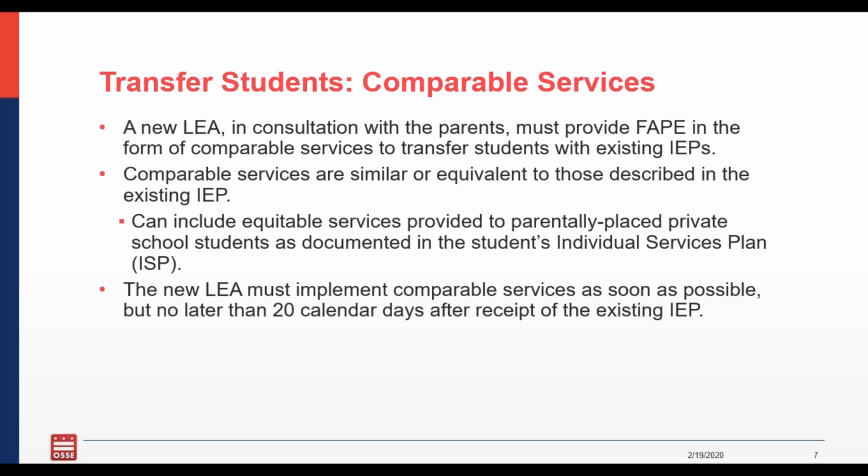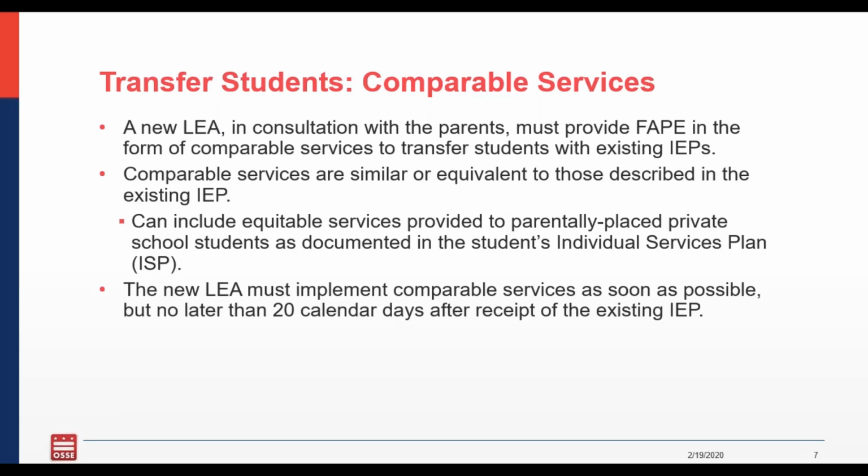So comparable services should look very, very close to what is already on the student's IEP. And you should be providing that as soon as possible, but no later than 20 calendar days after receipt of the existing IEP. Again, 20 calendar days is a long time. Students should be provided comparable services as soon as possible when you get that existing IEP.